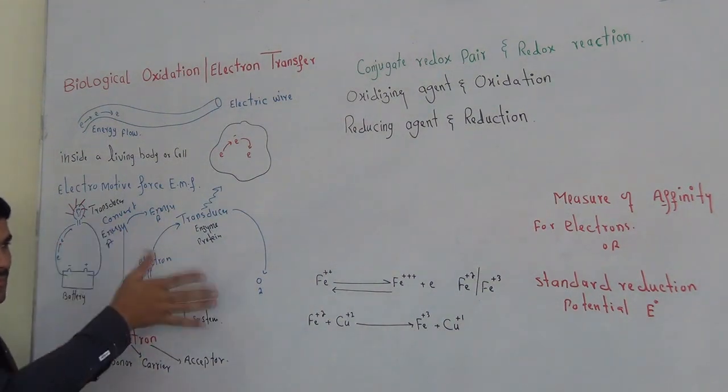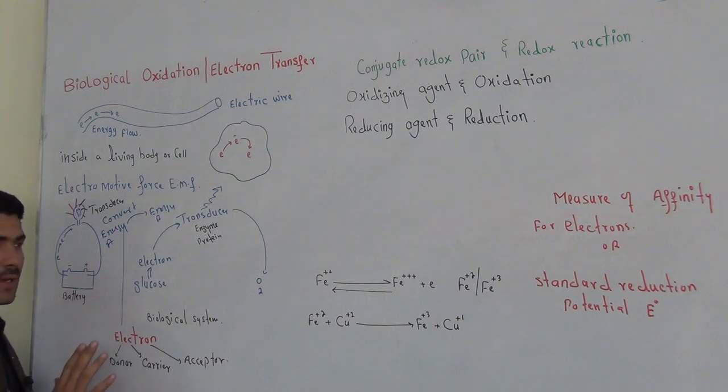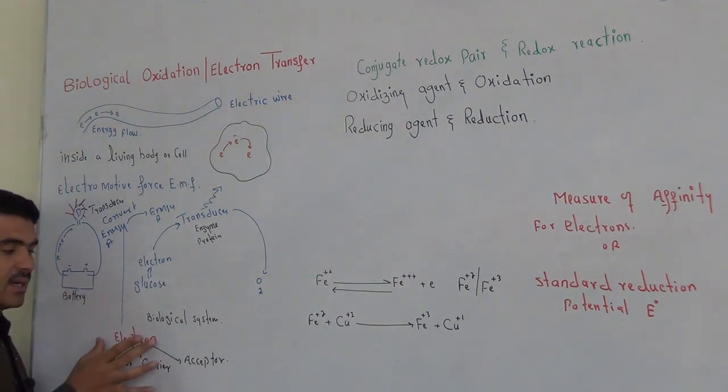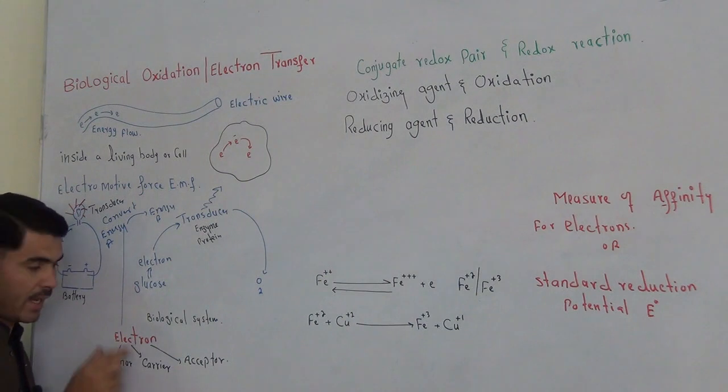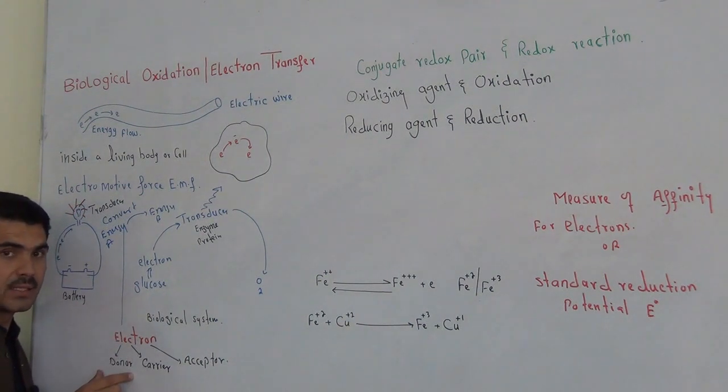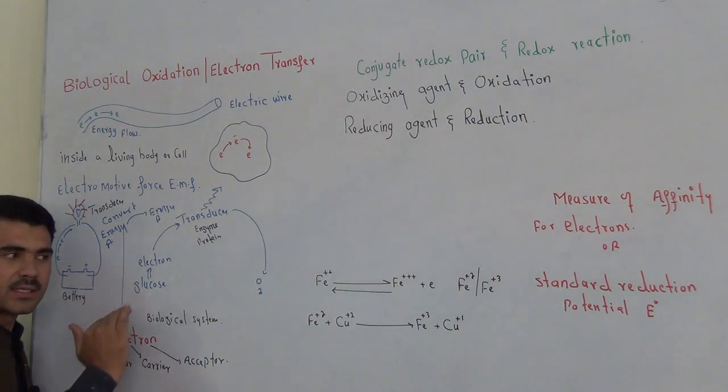So in these two diagrams, in these two topics, we came to the conclusion that electrons inside the living body are associated with an electron donor, anything that gives electrons, and an electron carrier, that carries electrons.